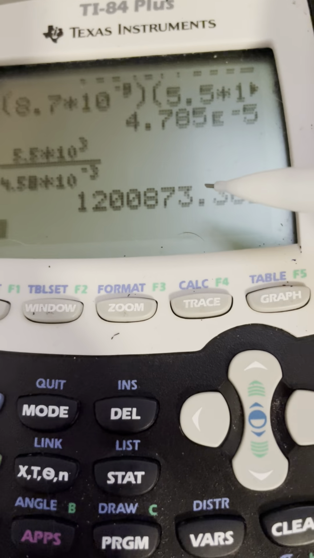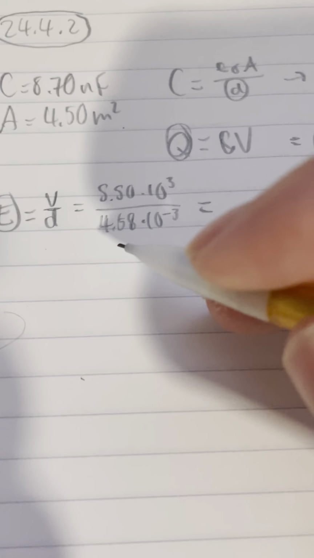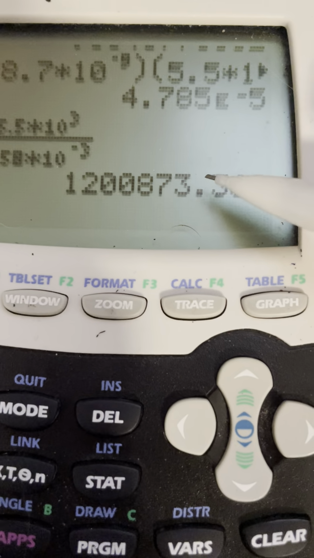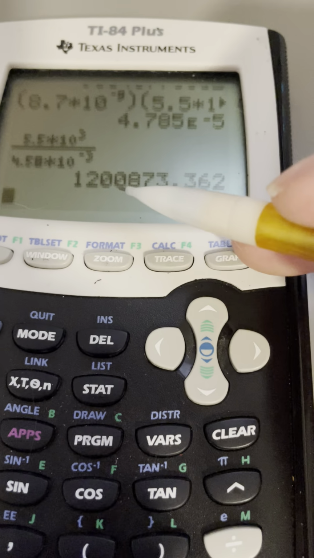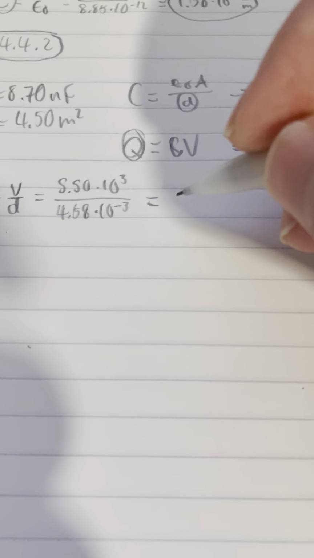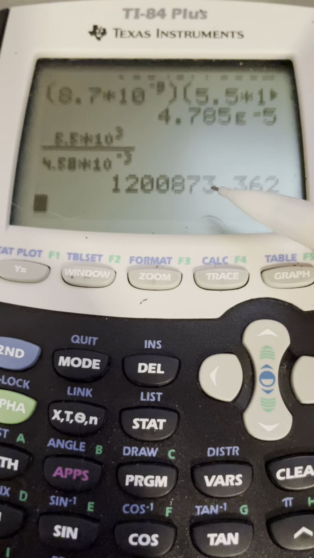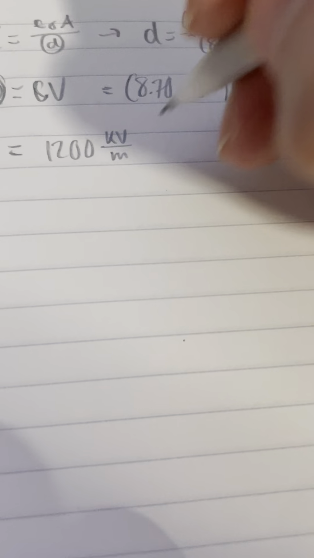Since it's 6, we could give it a kilo prefix. So instead of 1.2 times 10 to the 6, let's just say 1200, but let's say kilovolts. Yes, that should be right. So the answer for the electric field is 1200 kilovolts per meter, and that is for E.